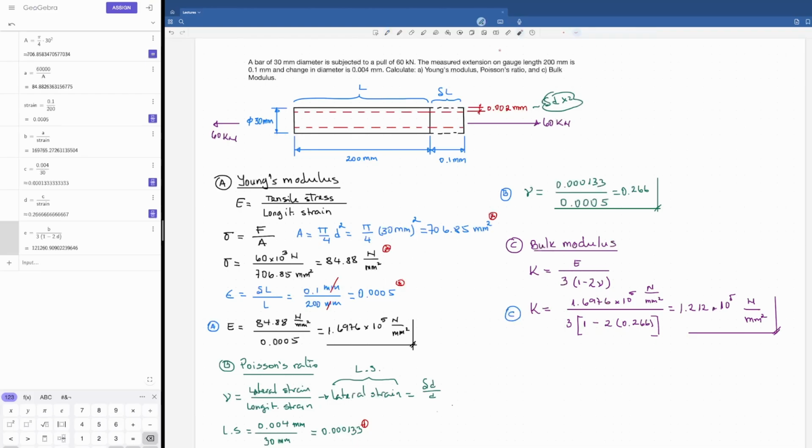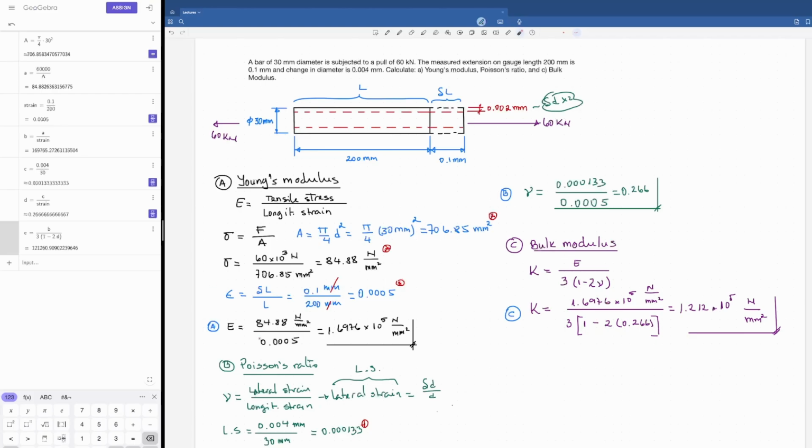To summarize or recapitulate, we have this problem where this is being pulled by the sides, and as it is pulled, the original length is extended, but the diameter is shortened or made smaller. Then they're asking us to calculate three things: Young modulus, Poisson's ratio, and bulk modulus. The only thing we did was to utilize these formulas. Young modulus is just the relation between the tensile stress and longitudinal strain, so we just needed to calculate that tensile stress and strain, which is pretty simple.